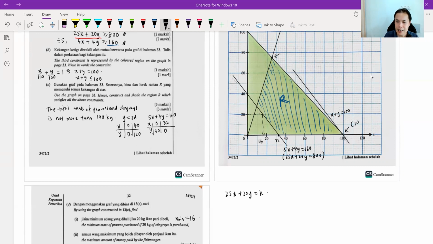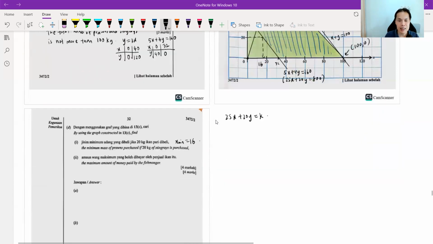We will write this as 100. That means if you buy prawn and no stingray, you will spend the maximum. So based on this graph, K is maximum at (100, 0). Your maximum value of K is 25 times 100 plus 20 times 0. That will give us RM 2,500. So the maximum amount is 2,500.